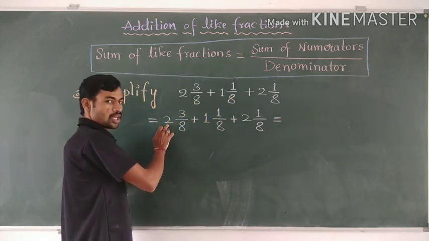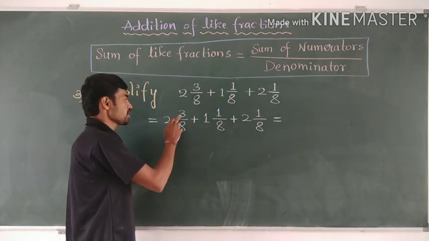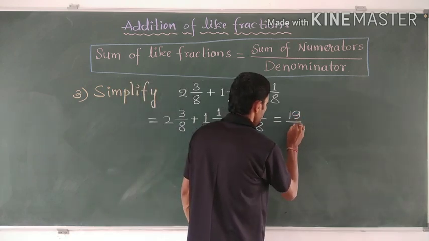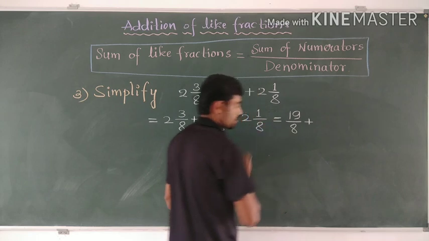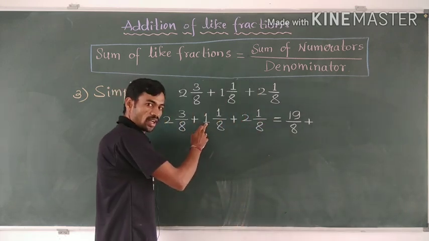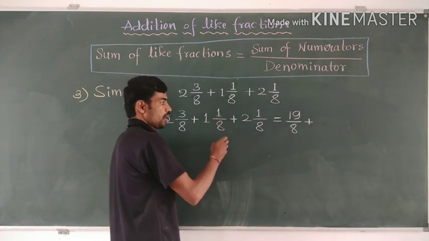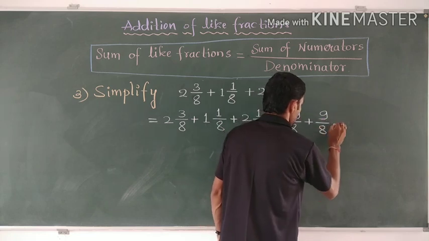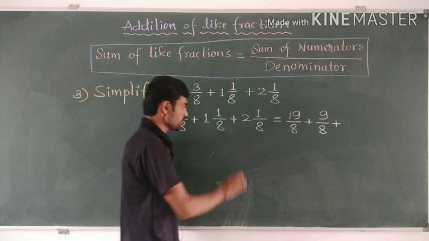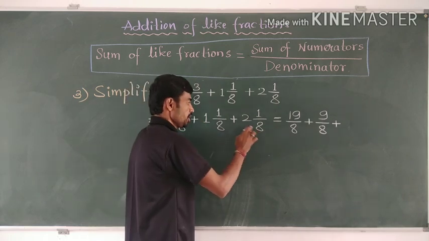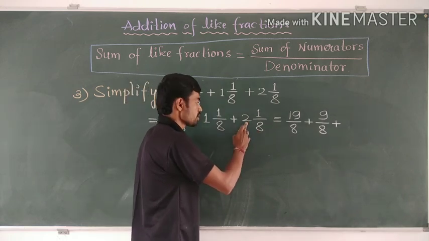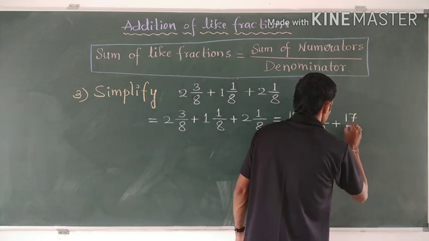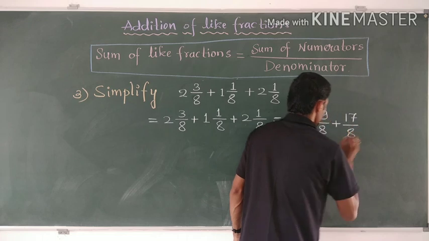See, 8 twos are 16, 16 plus 3, 19 by 8, plus 8 ones are 8, plus 1, 9 by 8, plus, for the third fraction, 8 twos are 16, 16 plus 1, 17 by 8.